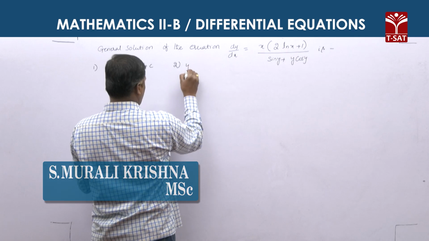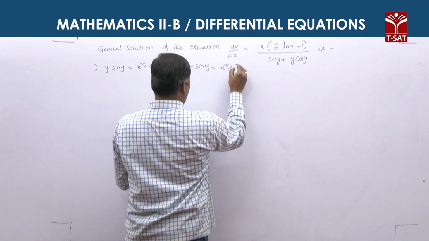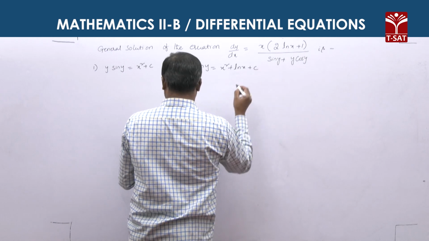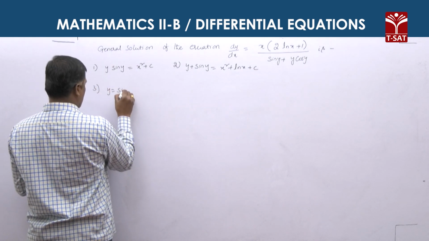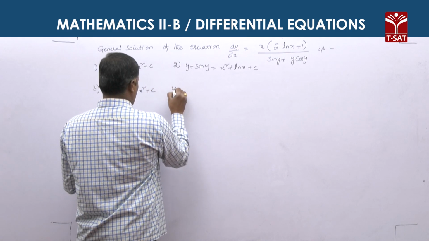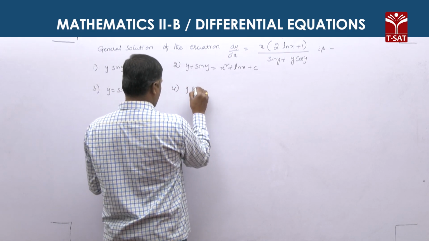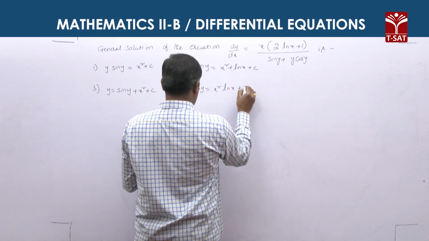Second option: y plus sin y is equal to x square plus log x plus c. Third option: y is equal to sin y plus x square plus c. And fourth option: y sin y is equal to x square log x plus c.